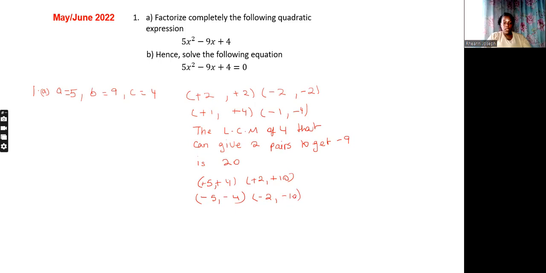-2 plus -10 will give us -12. However, 5 plus 4 is equal to 9. So then this is the pair we are going to use.